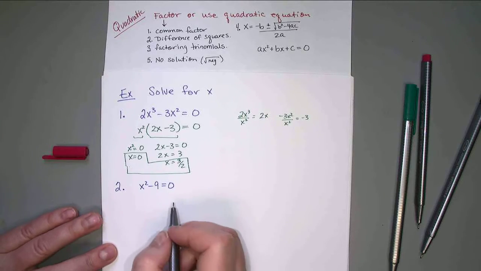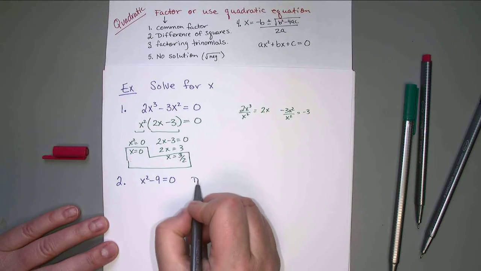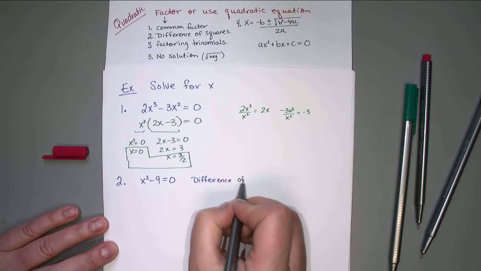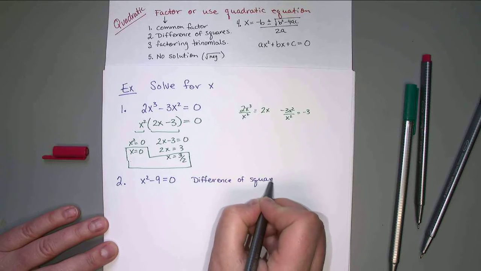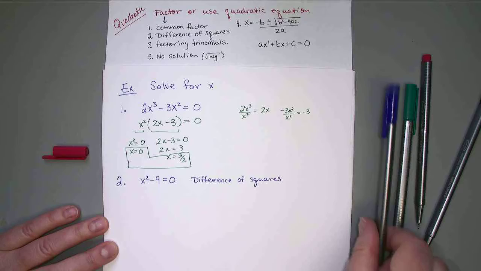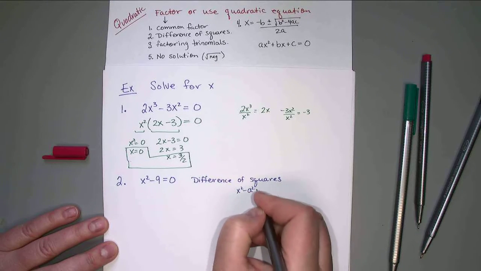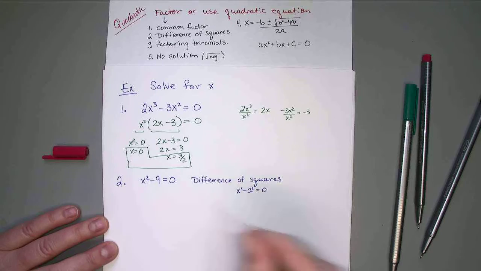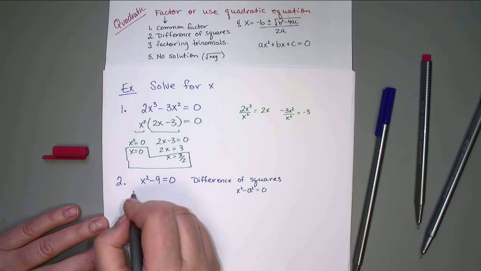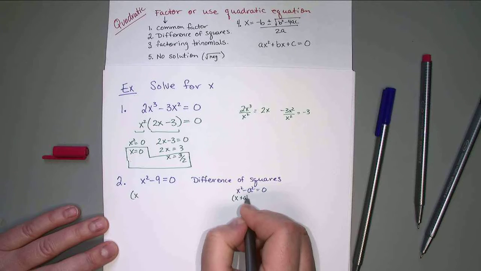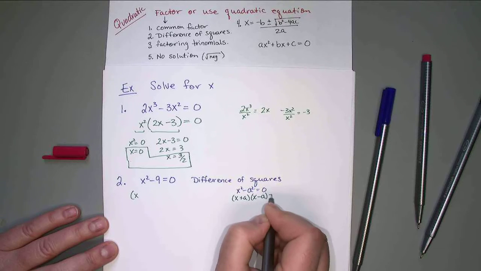Okay, so we're going to look at this type, which is a difference of squares. So a difference of squares is when you have x squared minus a squared, two things that you can take the square root of, equals 0. So to factor that, we do x, I'll just write it here, x plus a, x minus a.